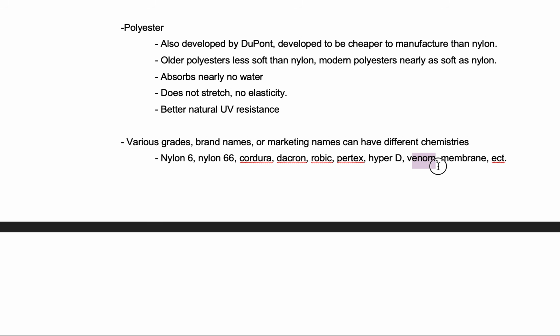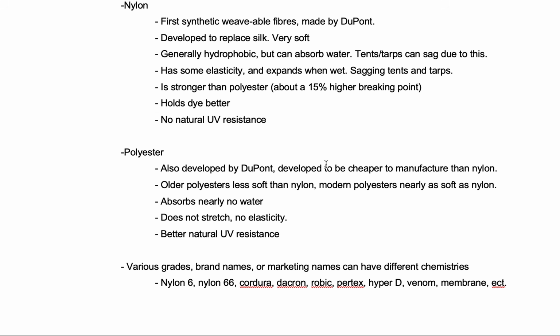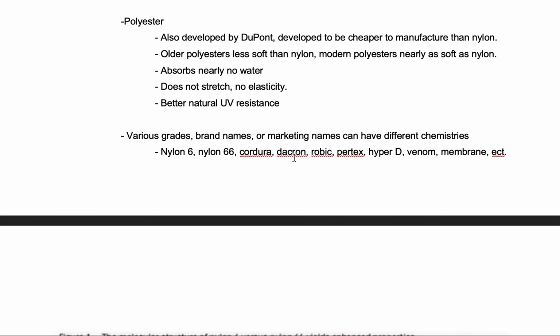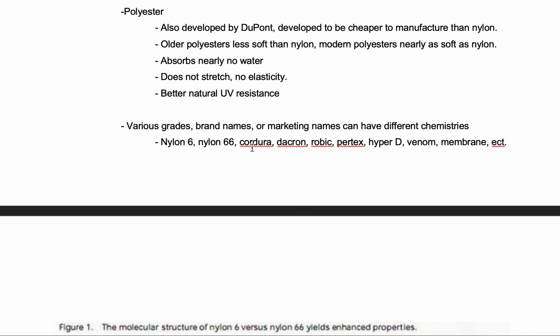But I think the main point is that, at least from a chemical perspective, two different nylon fabrics that may have two different brand names, they could actually be different. And it's sort of up to your own research, or really the honesty and integrity of the entire supply chain for how that fabric gets from the factory into your hands, to what these marketing names actually mean.